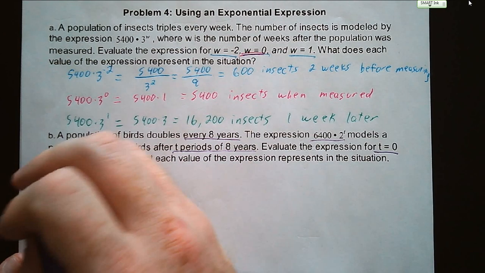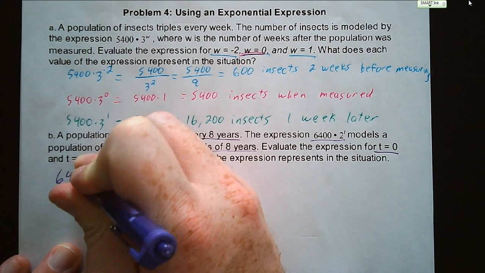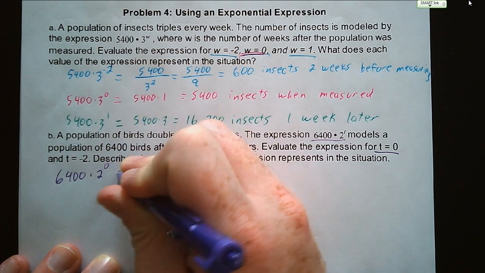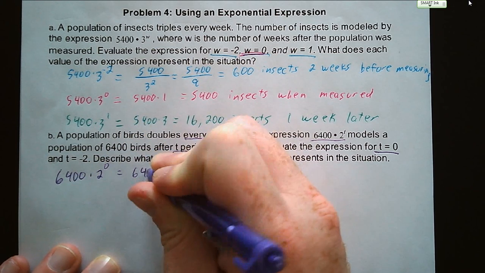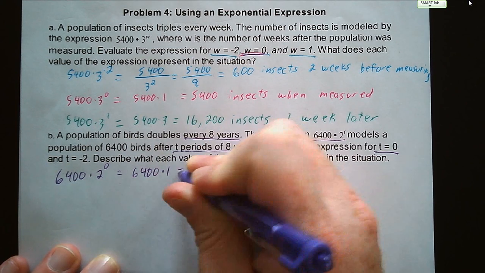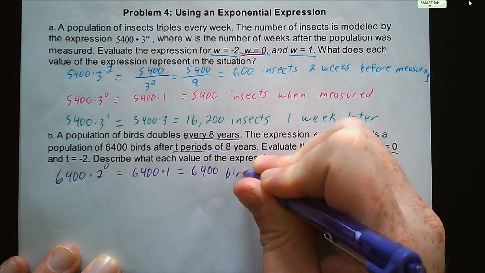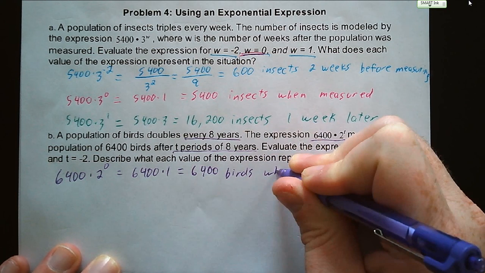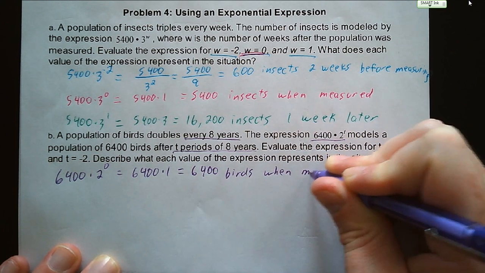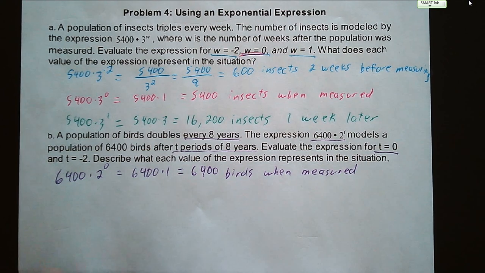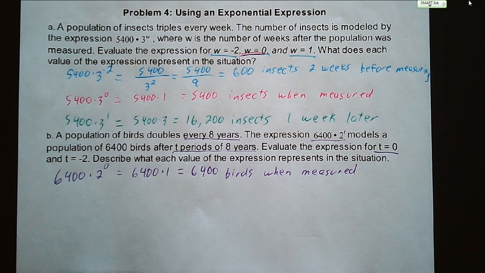So we have 6,400 times 2 to the 0 power, which is 6,400 times 1, which is 6,400 birds when measured. So the day we measured them, there were 6,400 birds in this population.